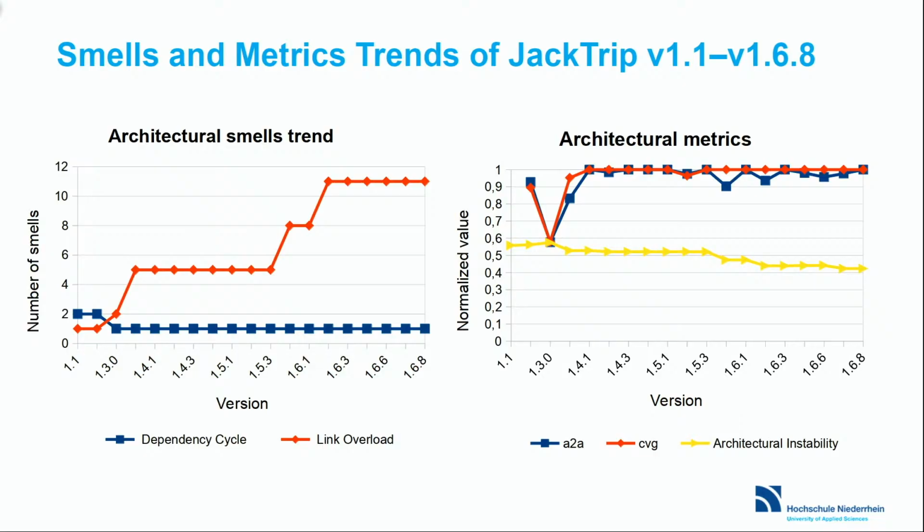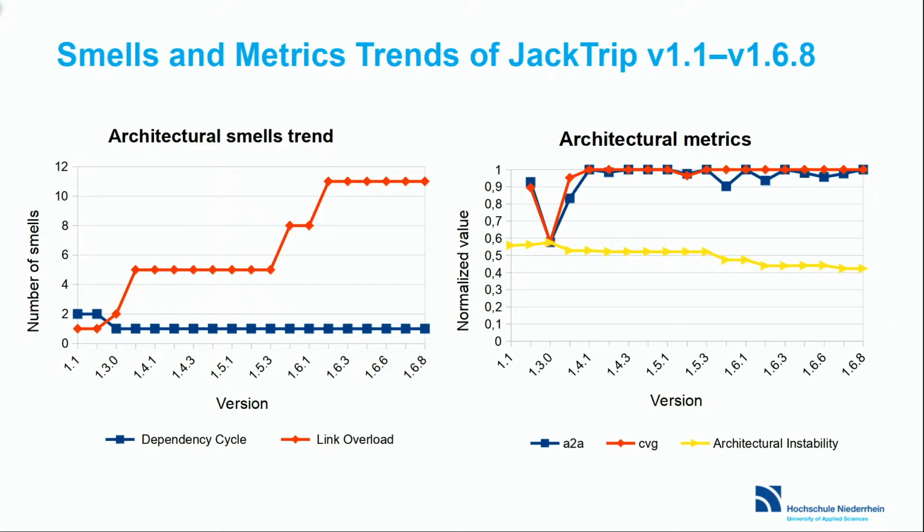A link overload indicates design issues where one class has too many connections to other classes. Think of it like a person trying to talk to too many people at the same time. Can't do that. And we can see the increase of link overloads with the release of version 1.6.0 and 1.6.2.